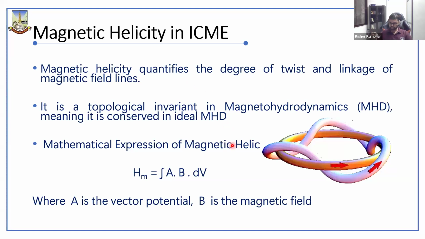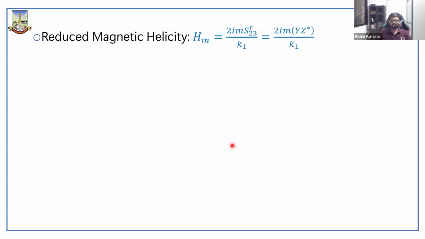And usually in single spacecraft observations, we use a quantity called the reduced magnetic helicity, given by this expression, where we take the imaginary component of S23R, which is a spectral matrix estimated using the correlation function of the magnetic field, for which the diagonal elements represent the magnetic energy and the off-diagonal elements represent the helicity.